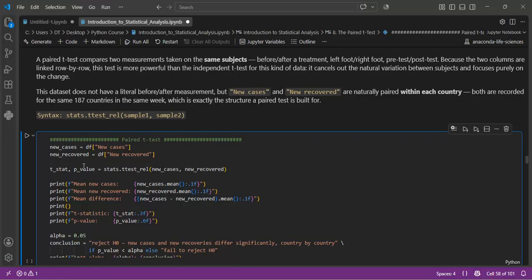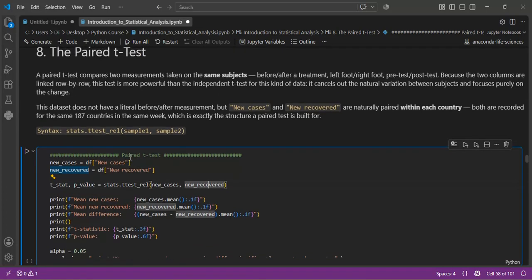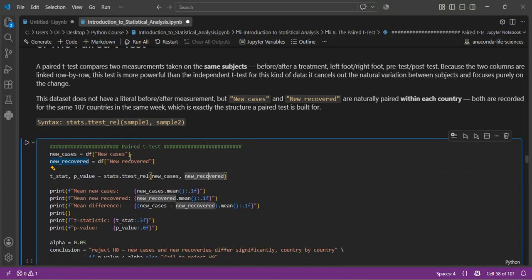So I said that when you use the t-test underscore rel, you get the t statistic value and then the p value. The t statistic value tells you the difference between the means of the new cases and the new recovered, because for a t-test, that is what it does, comparing the means of data.